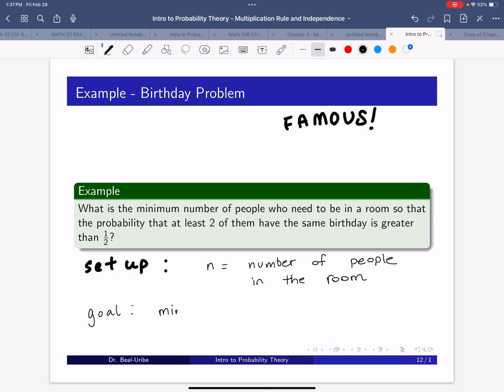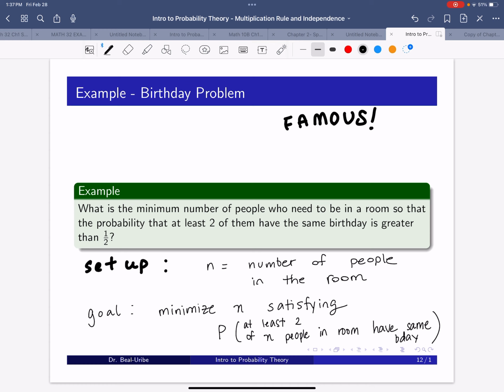So our goal is to minimize n satisfying: probability that at least 2 of n people in room have same B-day.